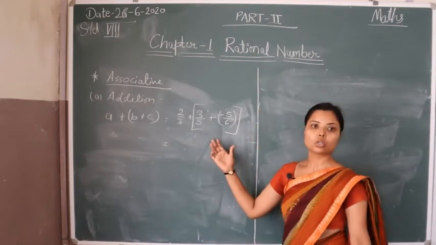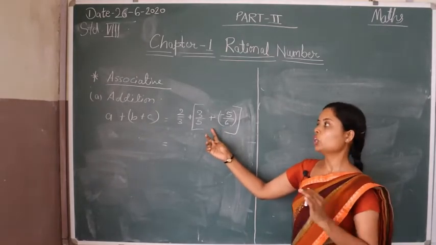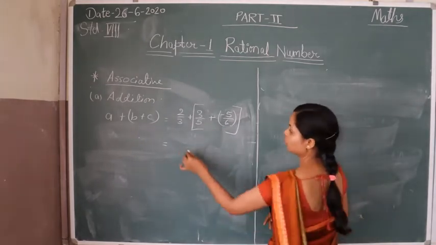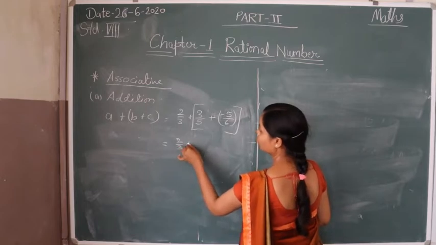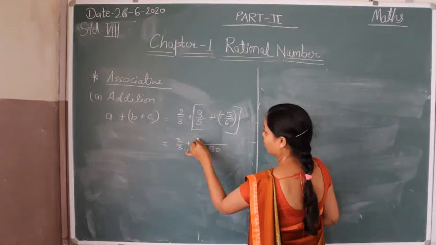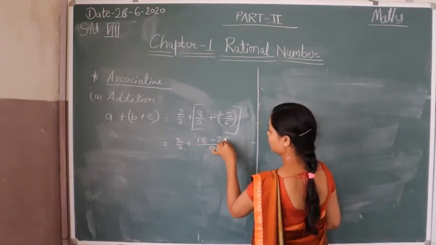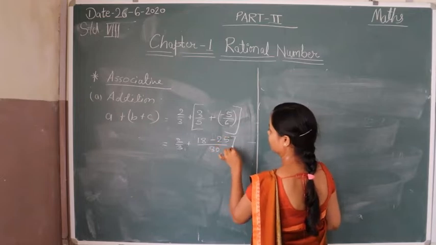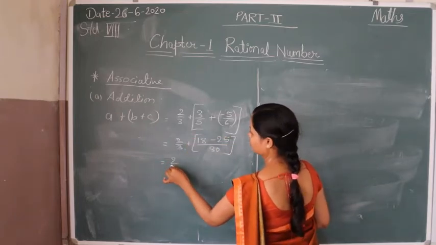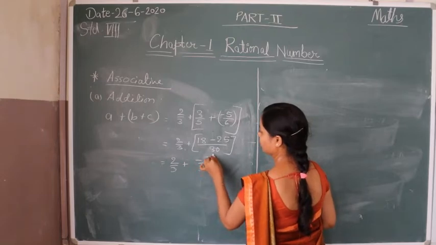By the BODMAS rule, we know very well, firstly we solve the value of the brackets. So here also we solve the value of the brackets. Take LCM, then cross multiplication. 18 minus 25, minus 7 by 30.